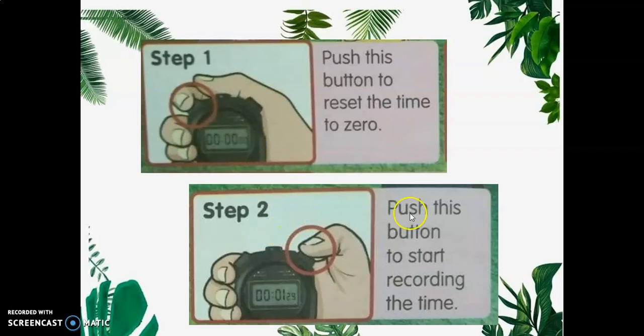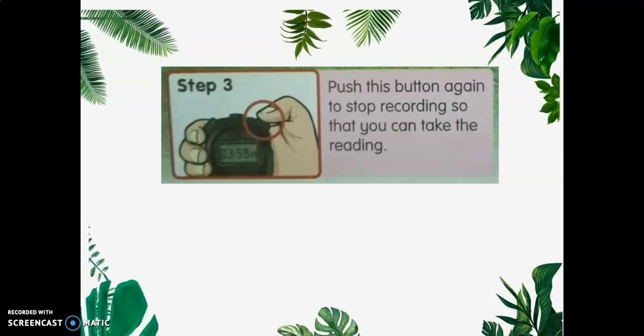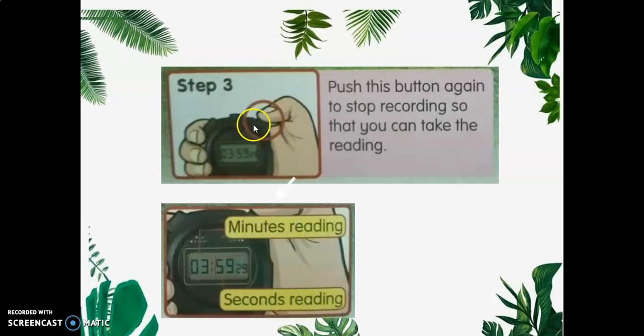And step 2 is push the right button to start recording time. Jadi, langkah kedua, tekan butang sebelah kanan untuk start record. Okay, next. Step 3, push this start button again to stop. Jadi untuk stopkan dia, tekan sekali lagi butang ni.